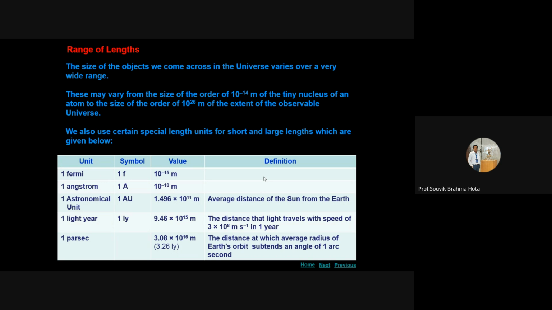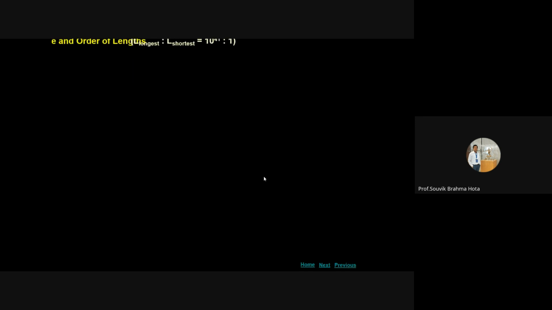So we do have the definition for astronomical unit: average distance of the sun from the earth. And the definition for 1 light year: the distance that light travels with a speed of 3 into 10 to the power 8 meter per second in 1 year. Then 1 parsec: the distance at which the average radius of the earth's orbit subtends an angle of 1 arc second.